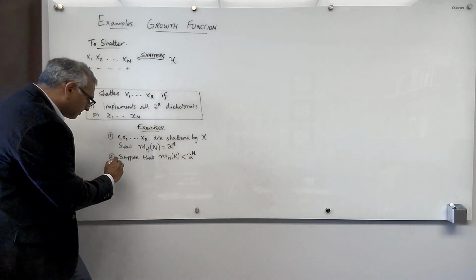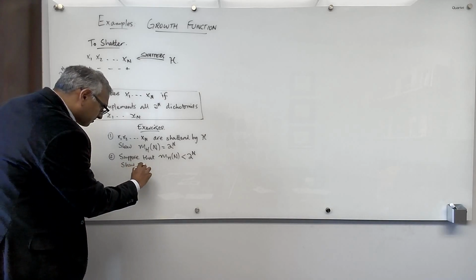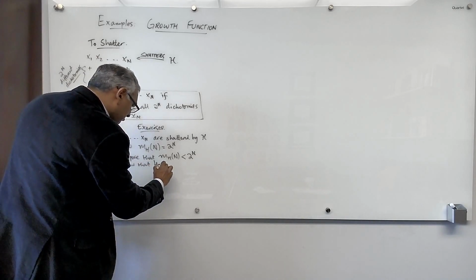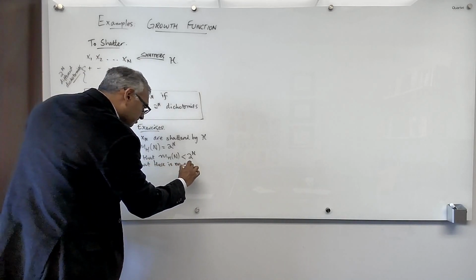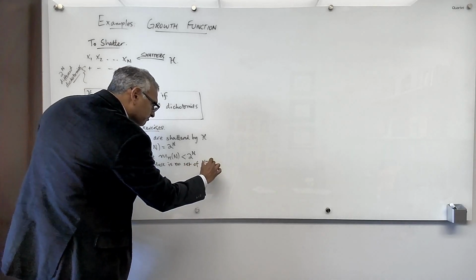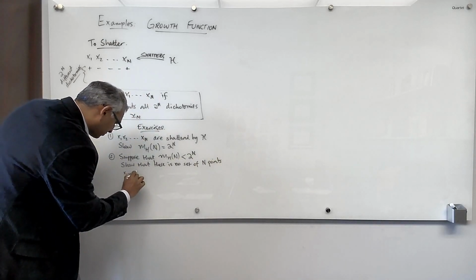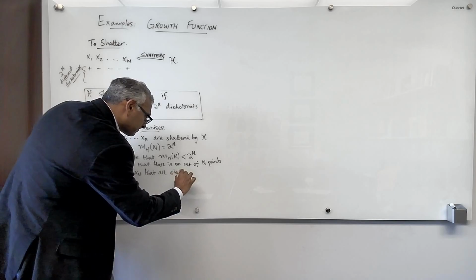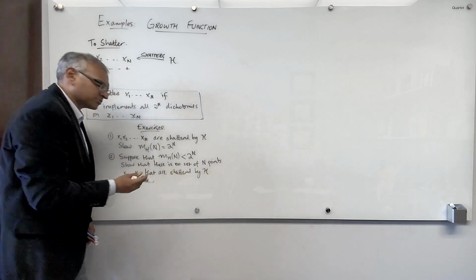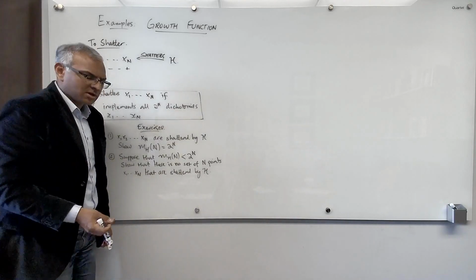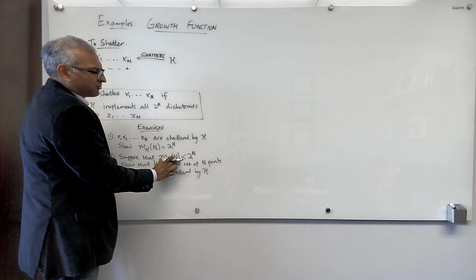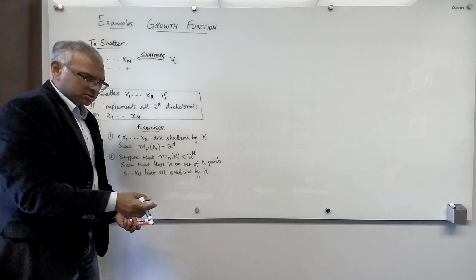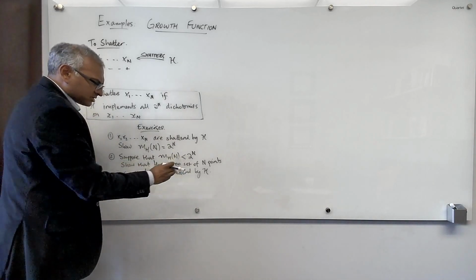Then show that there's no set of n points, x1 up to xn, that are shattered by H. So this is to show that if the complexity measure for this hypothesis set is less than 2 to the n, in other words, it's not as complex as possible for sets of n points, it means that there's no set of n points that are shattered.